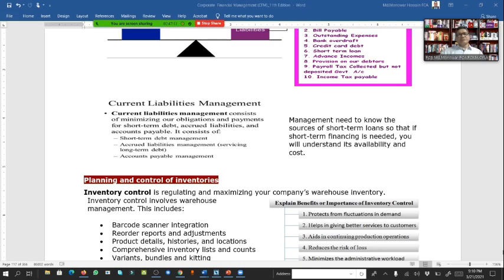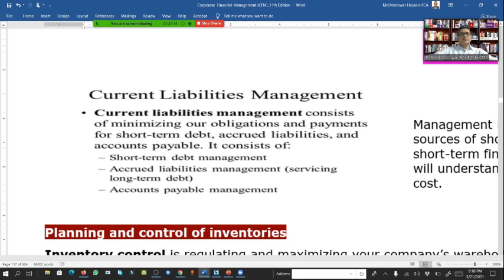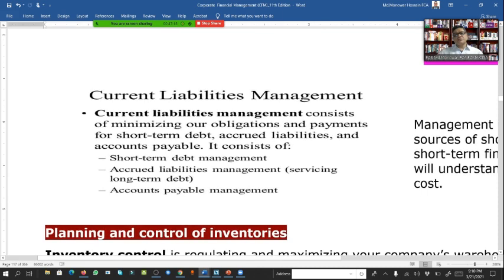Current liability management consists of minimizing our obligation and payment for short-term debt, accrued liability, and accounts payable. It consists of short-term debt management, accrued liability management, and accounts payable management.